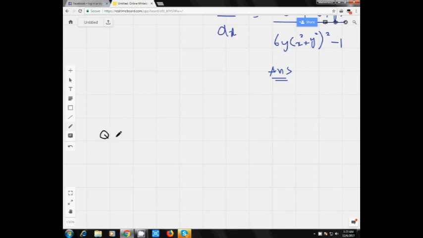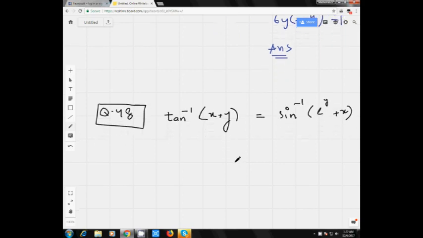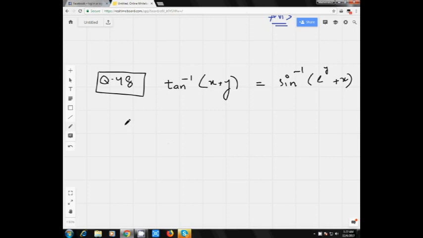Question number 48 is arc tan (x plus y), that is tan inverse (x plus y), is equal to arc sine (e raised to the power y plus x). Differentiate both of the sides by using the corresponding rules of inverse trigonometry.